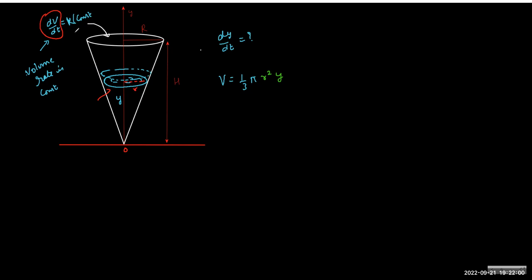So the next step of thinking is how you are going to relate small r and small y in terms of the other constants given to you, capital R and capital H. Can we make use of these variables to relate each other?